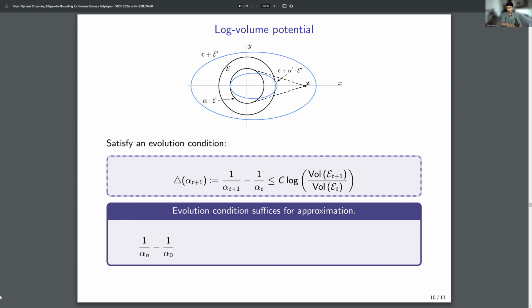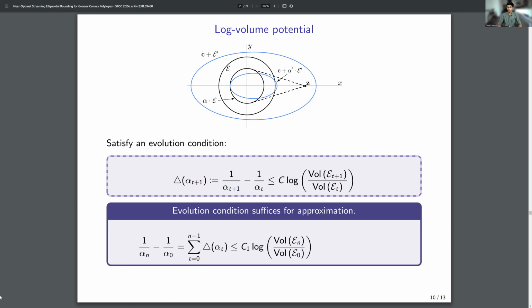Let's first write down the following difference here. Let's pretend that alpha 0 is equal to 1 for now. This can be written as the sum of all the changes in approximation factors starting at t equals 0 up to n minus 1. Then you can plug in the formula from the dashed box above.